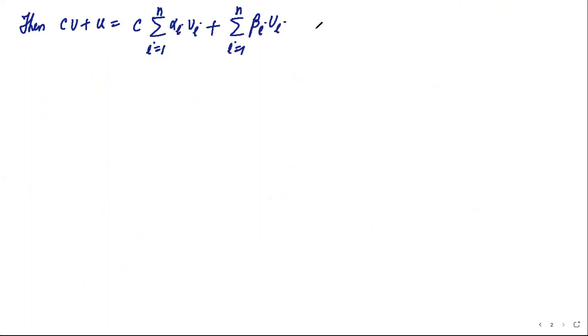Then this can be written as summation i running from 1 to n, and we can at once write (C alpha i plus beta i) into Vi. ठीक है.